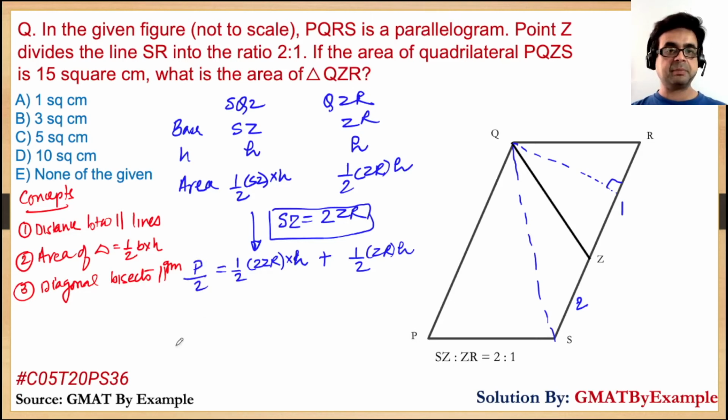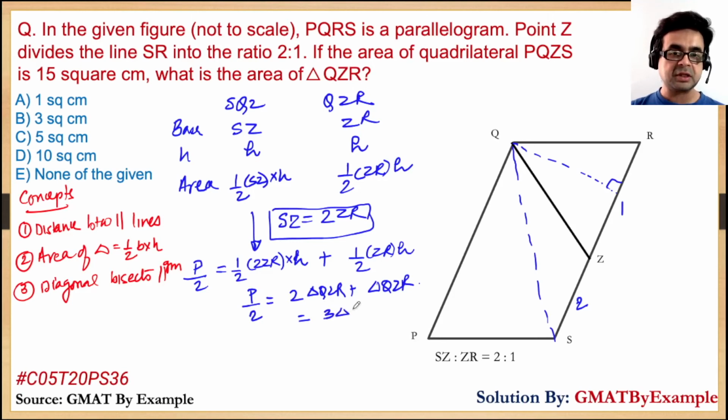I'm going to just say it P by 2. So we can further simplify this into saying that P by 2 is nothing but 2 times triangle QZR plus triangle QZR, which means half the parallelogram is 3 times triangle QZR. Let's keep this as is for a second and look at what is quadrilateral PQZS.